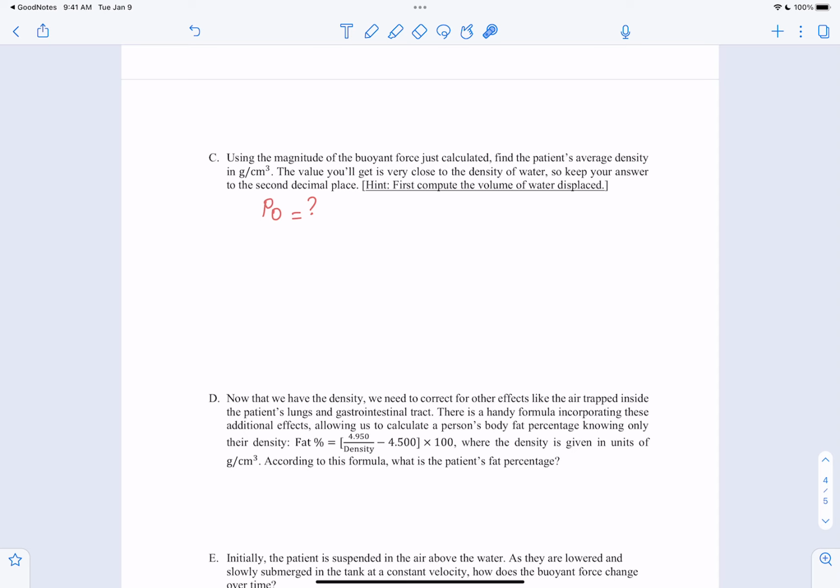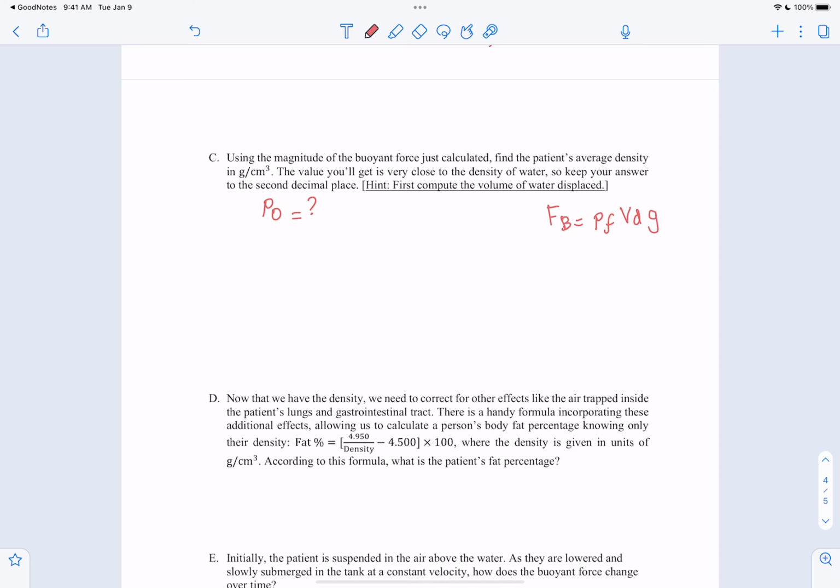What equation includes the density of an object? Close. Not quite the force of buoyancy, but the force of, because if we're concerned about the object itself, imagine force of buoyancy is equal to the density of the fluid times the volume of the fluid displaced times the gravity.